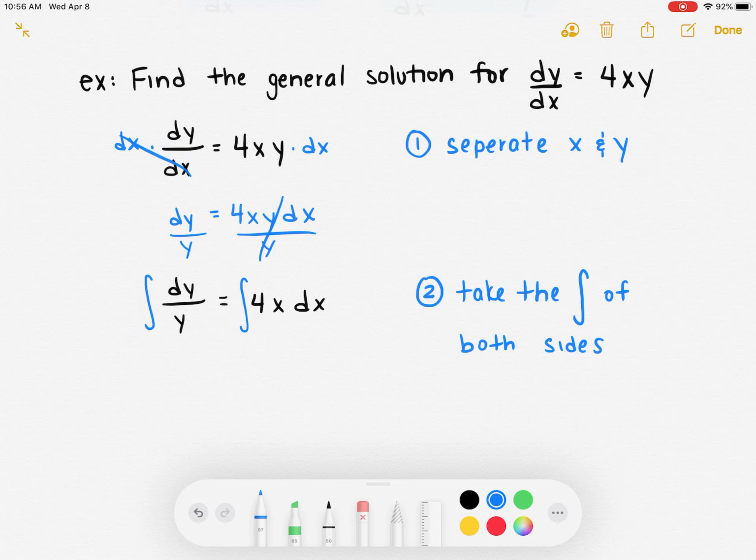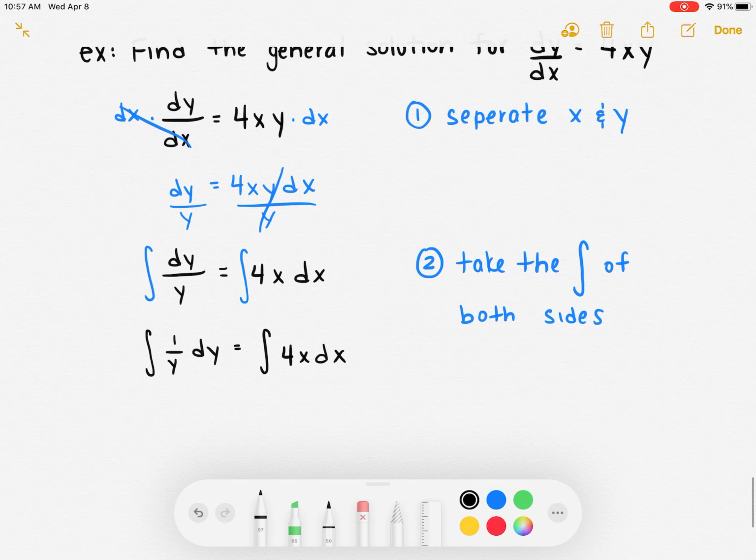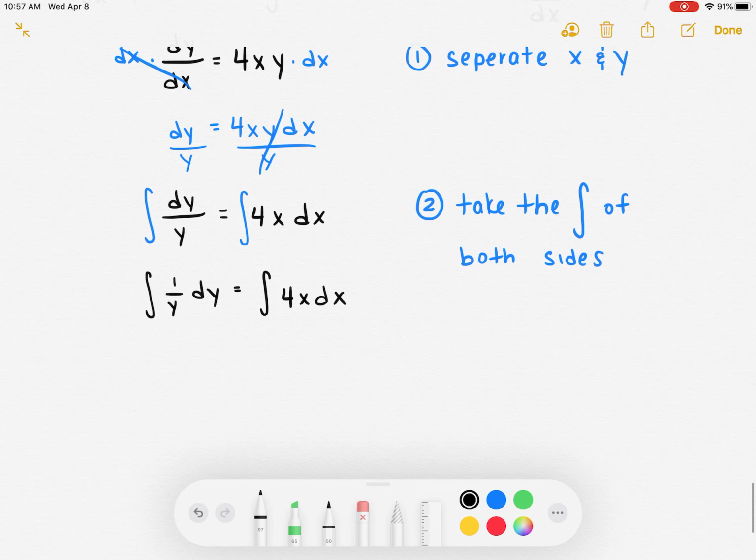So I go in and I actually put the antiderivative symbol into my equation, and then I look at it and I say, oh, gross, dy over y. I'm not a fan of fractions, so let me rewrite that, at least so I can separate the dy and the y. So I pull my fraction apart. I'm going to keep the other side for now, so now that I can take the antiderivative of both sides at the same time so that I don't accidentally skip a step.